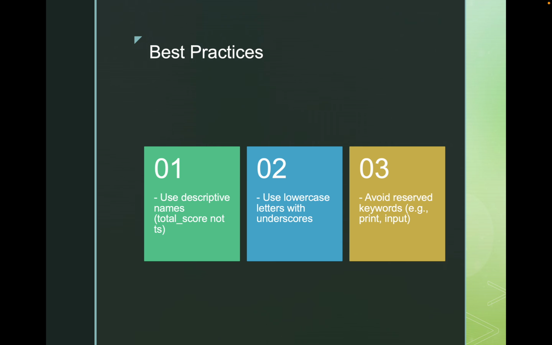Also, use lowercase letters with underscores for multiple words. This is called snake case in Python. Using underscores between words in lowercase is a good practice which Python developers and coders follow.